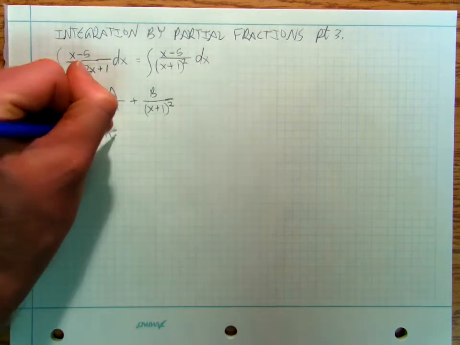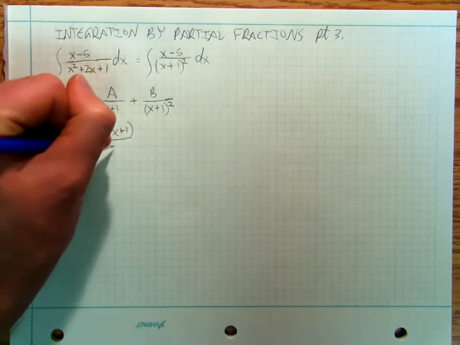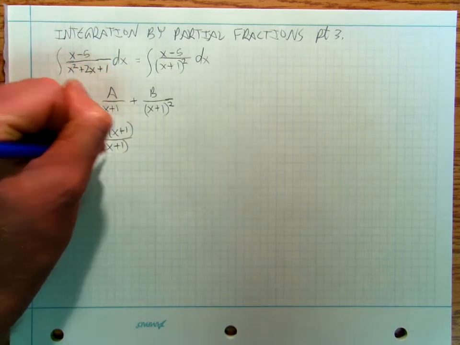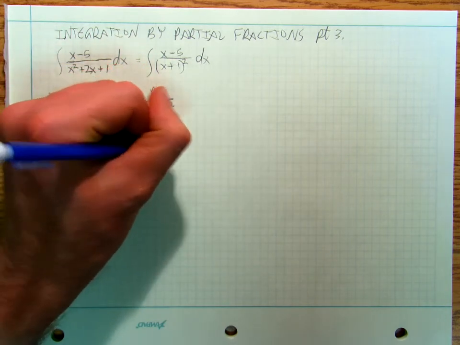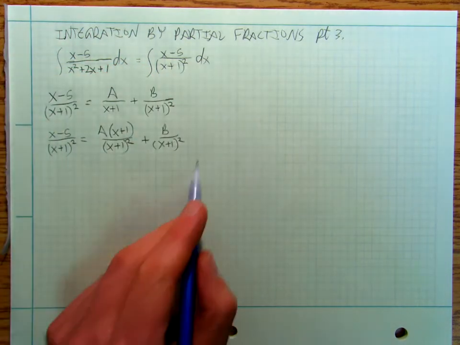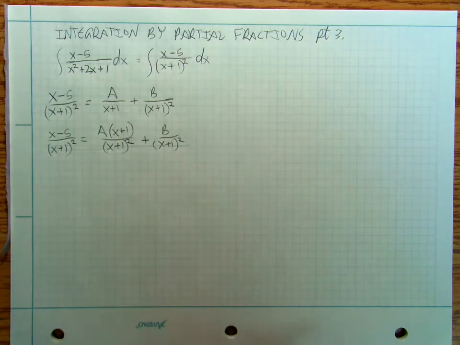So that's going to be a times x plus 1 over x plus 1 squared plus b over x plus 1 squared. And now, again, I don't have to worry about that anymore.